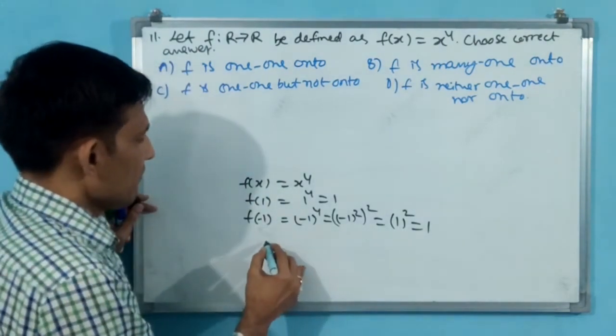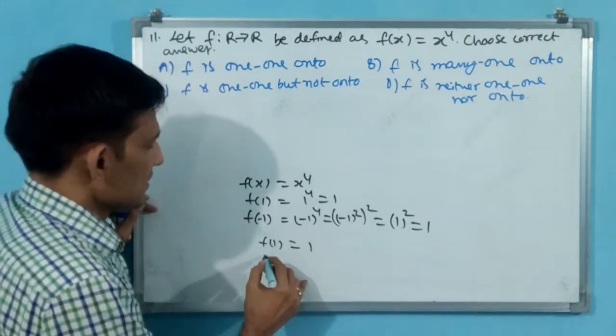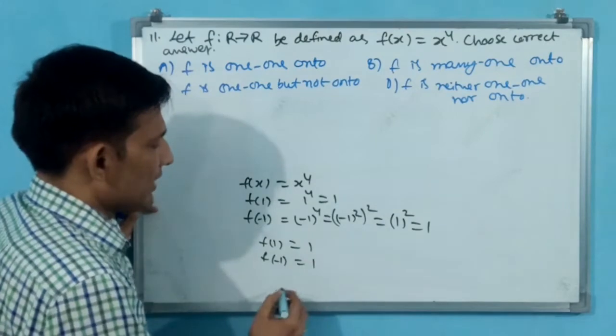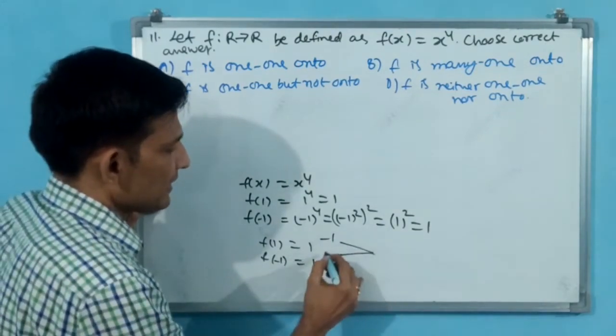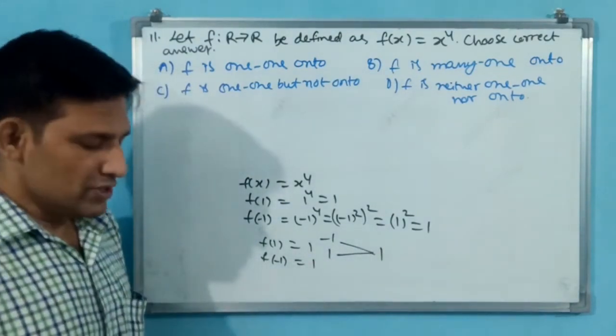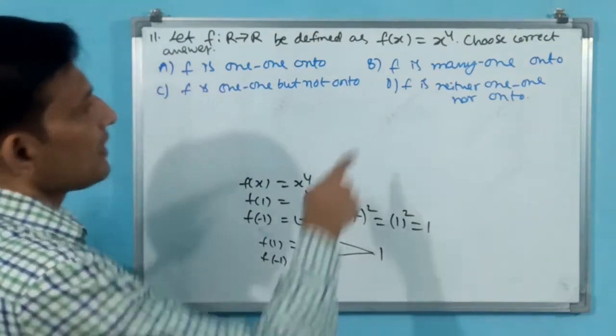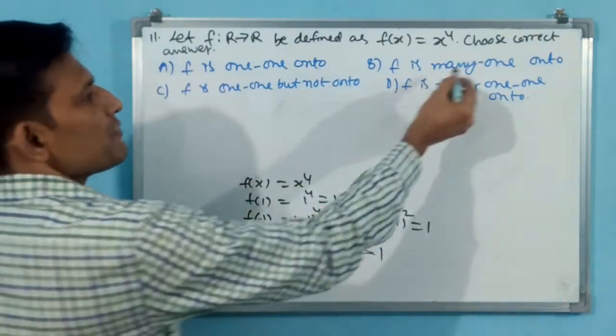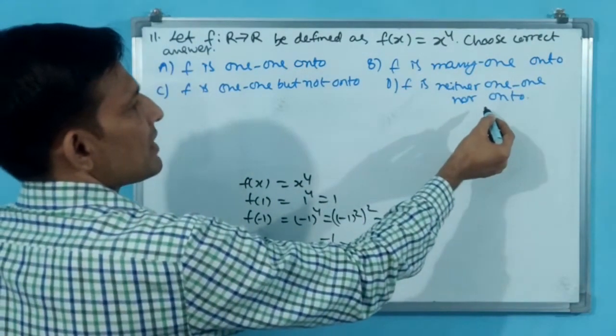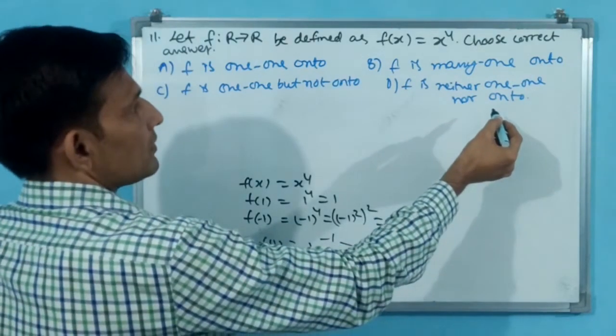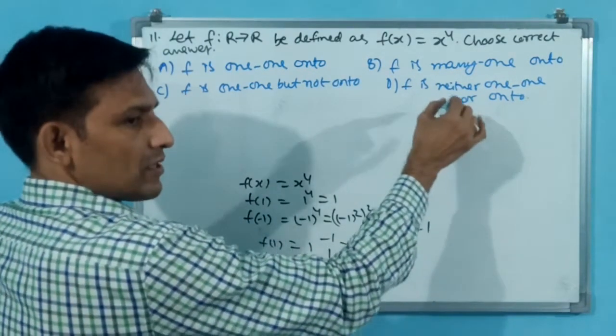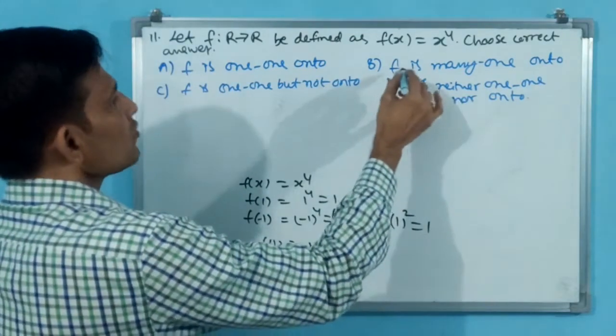That means for f of 1 is 1 and f of minus 1 is 1. That means it is a many-one function. F is many-one. Neither one-one nor onto. Neither one-one means many-one only. Okay. These two are correct. Let us wait for the second also.